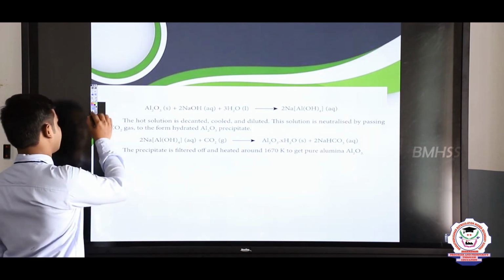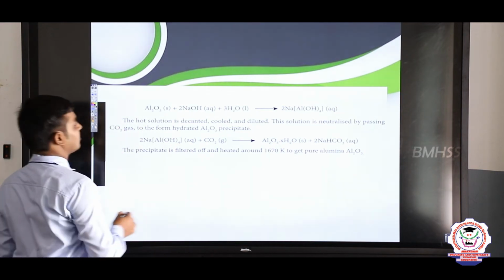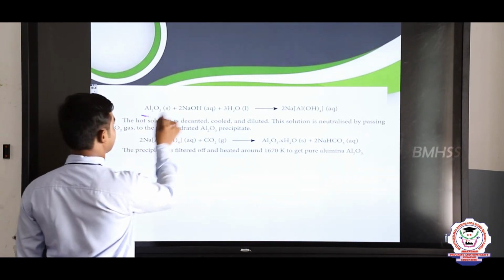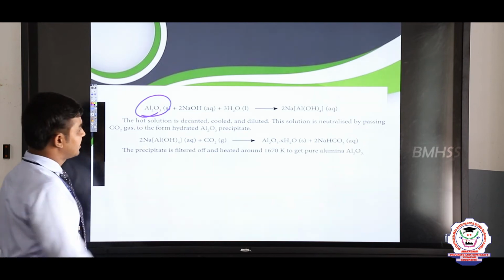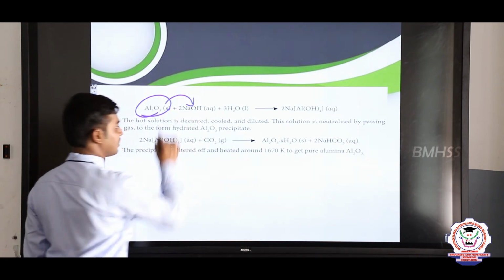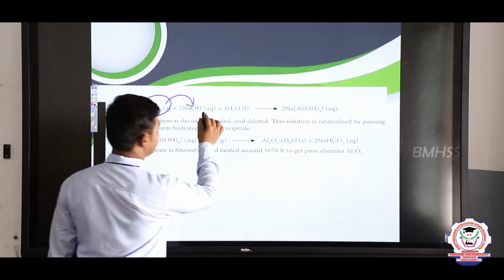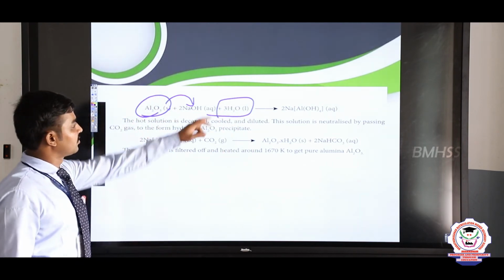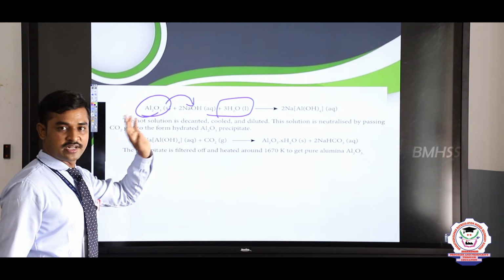In this reaction, we have Al2O3, that is bauxite. The bauxite ore reacts with the alkali solution NaOH, sodium hydroxide, and the aqueous solution is diluted to get the aqueous sodium hydroxide solution.